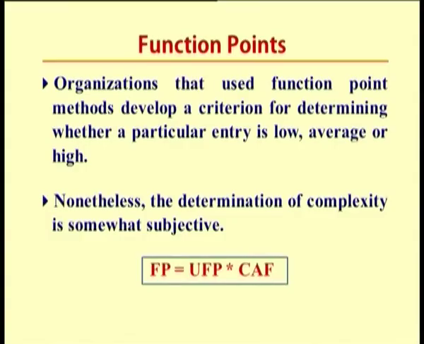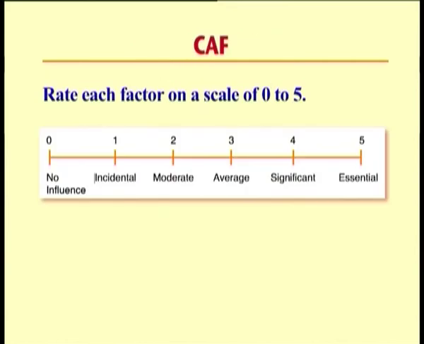So based on that a threshold value will be set. That value is multiplied by 0.01 plus 0.65, which brings you to the complexity adjustment factor value, which when multiplied with unadjusted function points gives you the actual function point count. So each complexity adjustment factor rating might vary between 0 and 5.